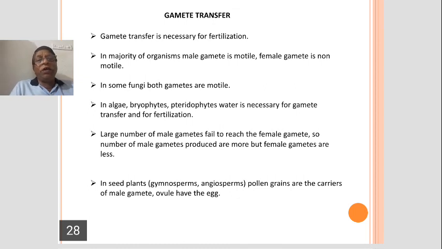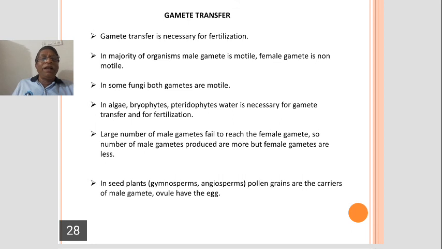Because of this reason only, the distribution of bryophytes, pteridophytes, and algae are limited. That is, in dry area, we find only limited species. Okay? Large number of male gametes after formed in bryophytes or pteridophytes fail to reach the female gamete.